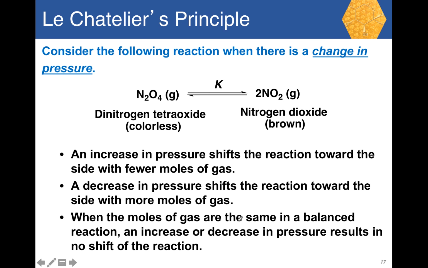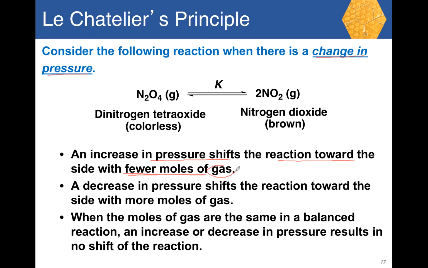So the last one that we look at here that Le Chatelier observed is the effect of changing the pressure. So here is a reaction that we'll examine. But what Le Chatelier observed is that an increase in pressure shifts the reaction towards the side with fewer moles.